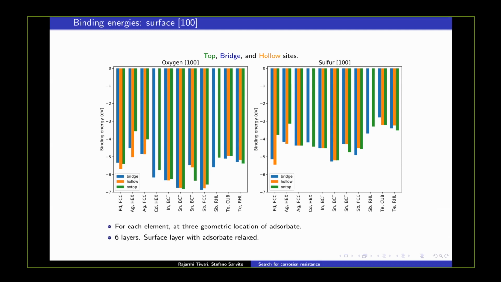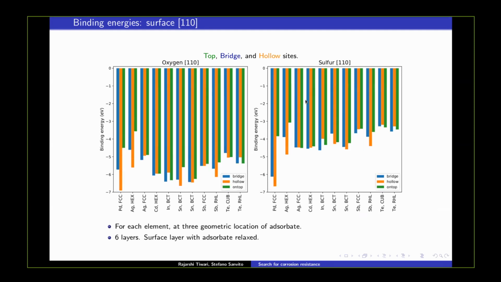So this is the 111 and 100 surface, in which on the x-axis we have palladium to tellurium, and these colors indicate bridge, hollow, and on top. So green is on top, orange is hollow, blue is bridge. And these are again oxygen and sulfur. As we see, when we change the surface, the trend somewhat changes.